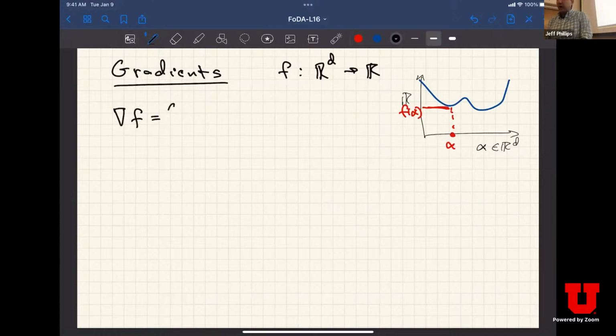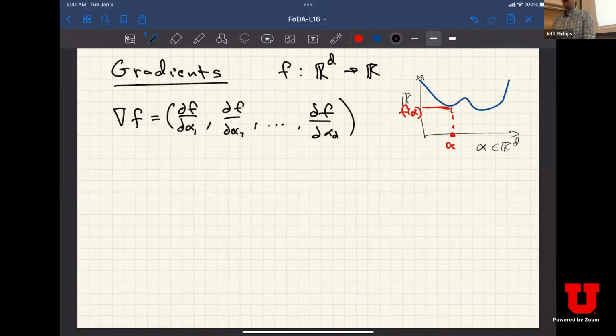And this is just the partial derivatives of f with respect to each of the coordinates of the input alpha: df/d alpha 1, df/d alpha 2, up to df/d alpha d.